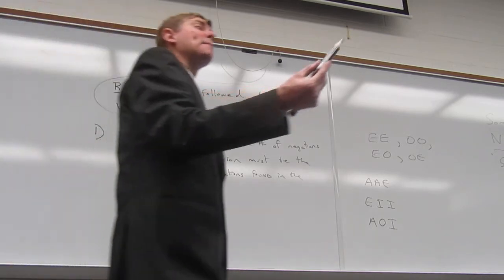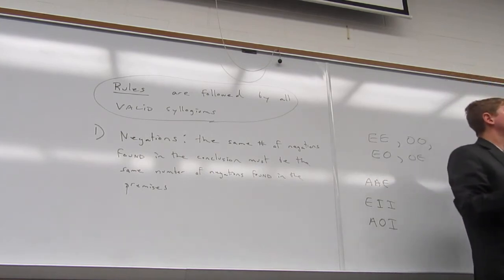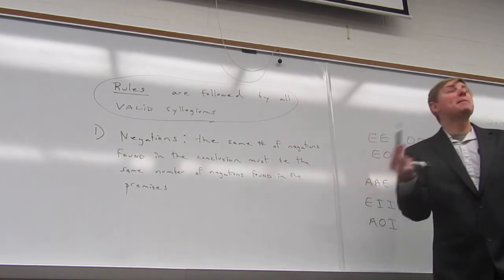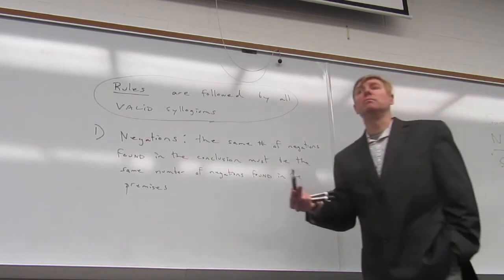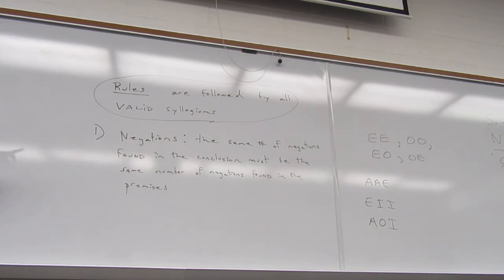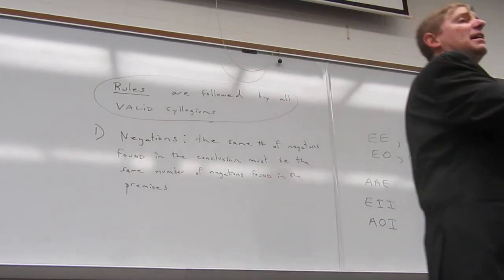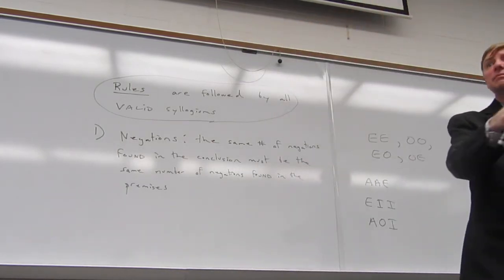Now, by extension, if your conclusion is an affirmation, both of your premises had better be what? Yeah, they better be affirmations too. This rule right here basically rules out the vast majority of syllogisms ahead of time as invalid.